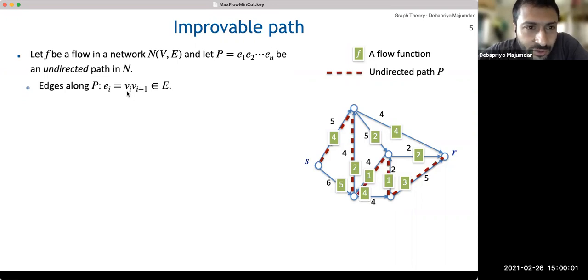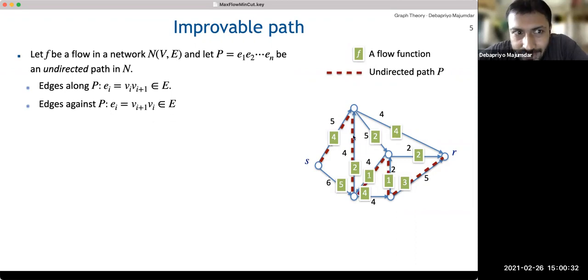To be absolutely rigorous one should define v_{i+1}, but it's clear that in the path, if there is an edge from the previous vertex to the next vertex, like this one, in the same direction in the original graph, then this is an edge along P. The other edges are against the path: this is against P, this is against the path, this is against the path as well. And again, this is along the path.